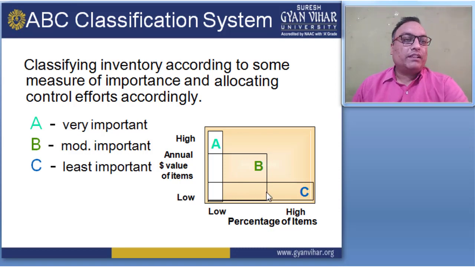And for the C class of items, there are very many items and they hold a large percentage of the items. So this is ABC analysis. Then we move to the next analysis, which is called the EOQ analysis.